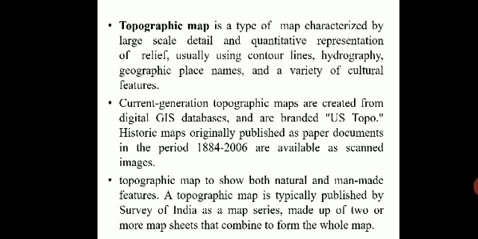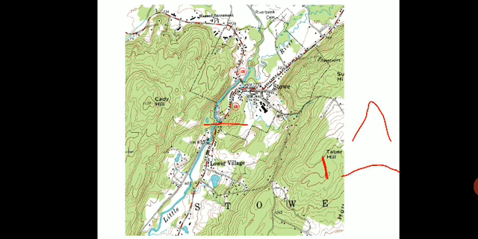Then these contours, or the topographic maps, are maps characterized by large scale details. On the map you can see the road network, the villages, urban area, rural area, then the water bodies, and you can see the rivers flowing.